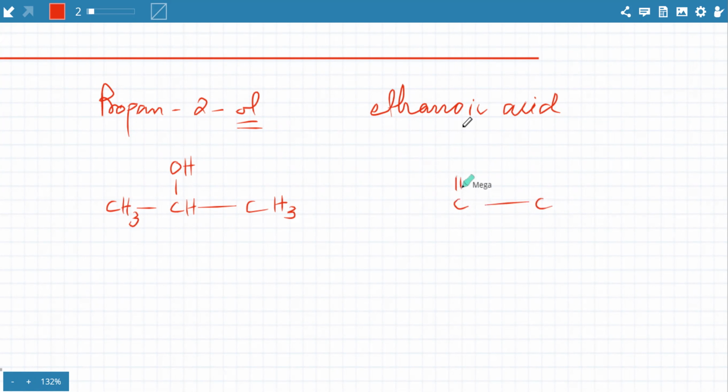Double bond O and OH. And there are 3 hydrogen atoms over here.